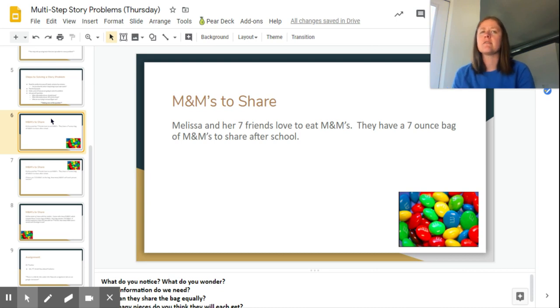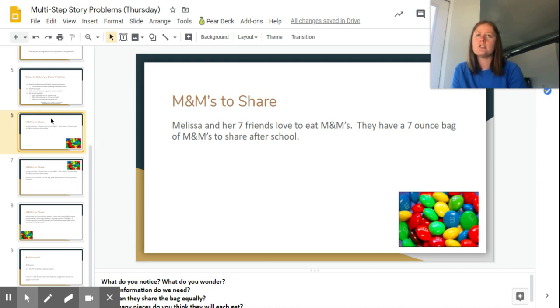So one of the things that you have to think of is, like, what do you notice? How many girls are there that are going to be sharing this 7-ounce bag? And a lot of us quickly would look at this and say 7 because it says 7 friends. Yes, but how many? Melissa has 7 friends, but is Melissa also going to be sharing that bag of M&Ms? Yeah, she is.